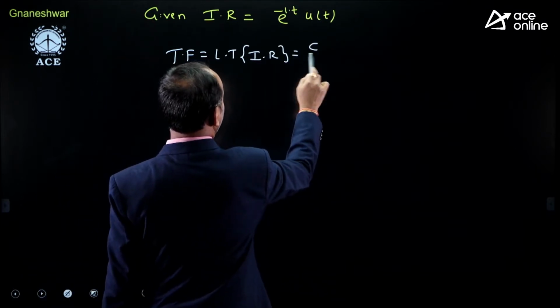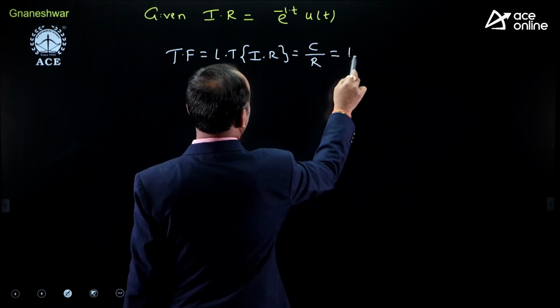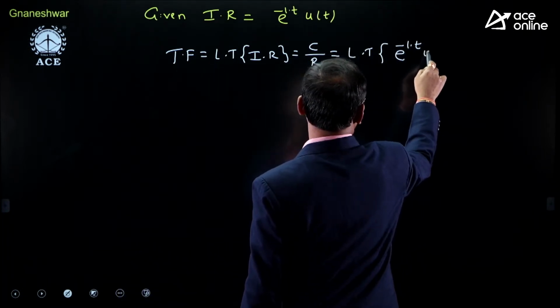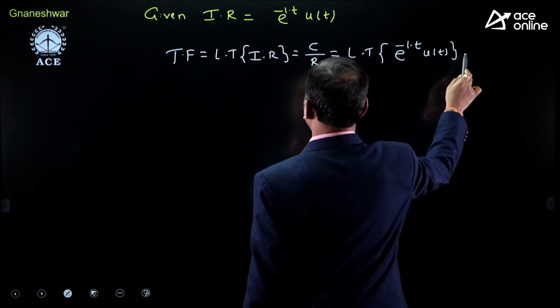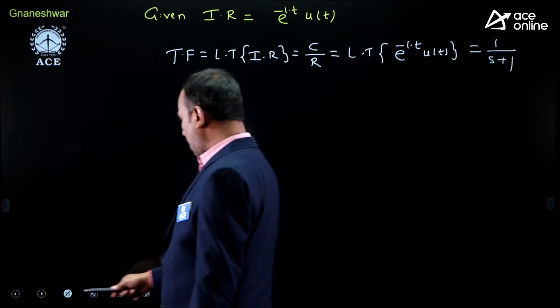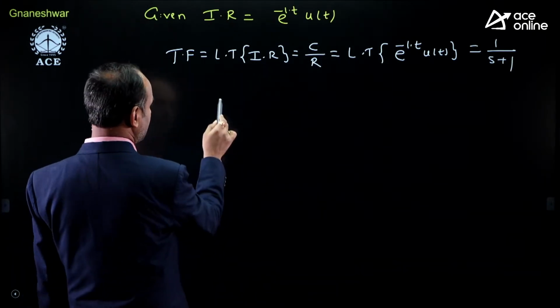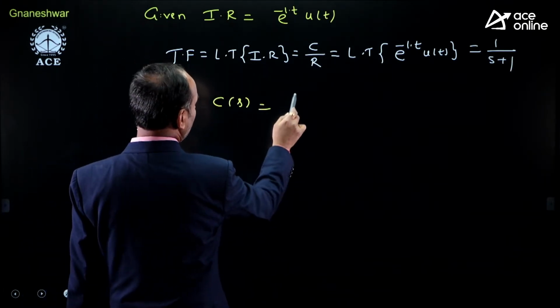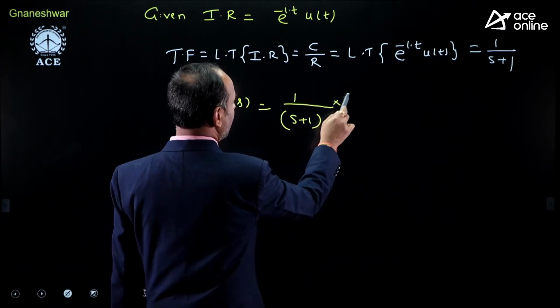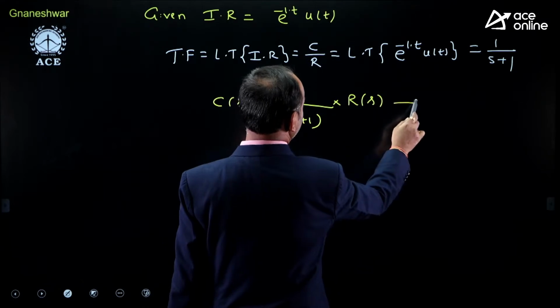So C of s by R of s equals the Laplace transform of e to the power of minus 1 into t, u of t. What is the answer? 1 upon s plus 1 here. So C of s equals 1 upon s plus 1 product R of s. This is equation number 1.